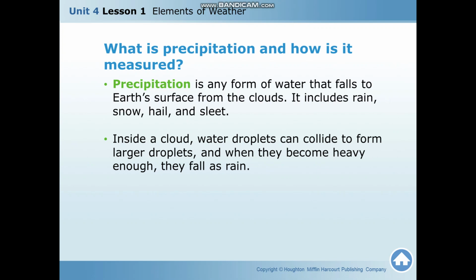So that is how the rain is produced. Rain is measured with a rain gauge. So the word gauge means measuring device or measurement. So you use the rain gauge to measure the amount of rain.